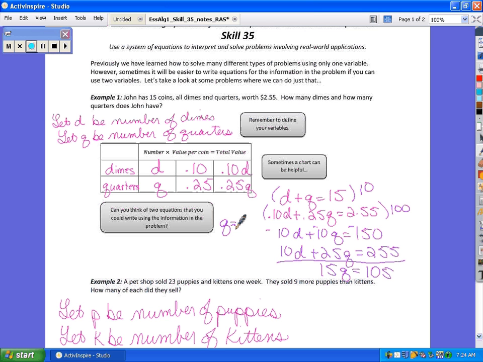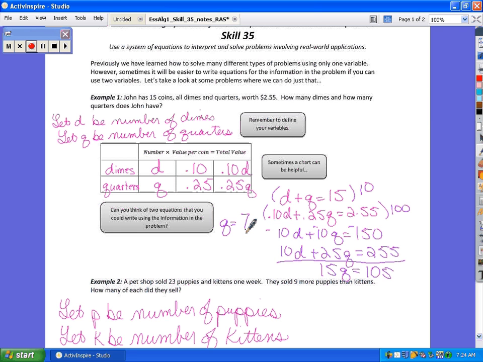So if I stop a minute and get my calculator and divide those out, and then I have to also go back and find the number of dimes. So 105 divided by 15 is 7. So I have 7 quarters.